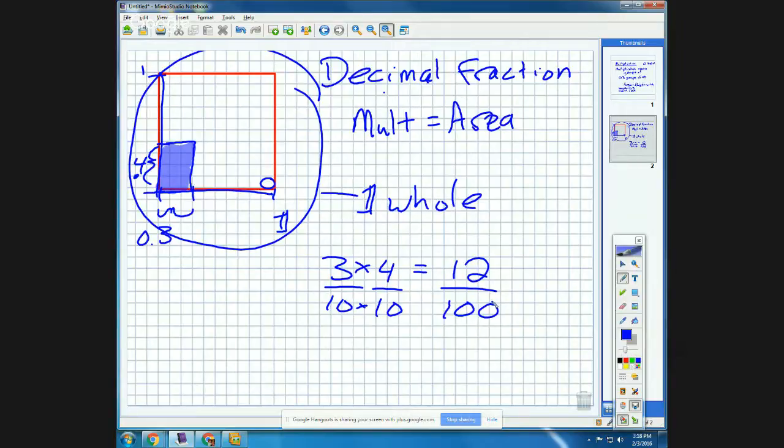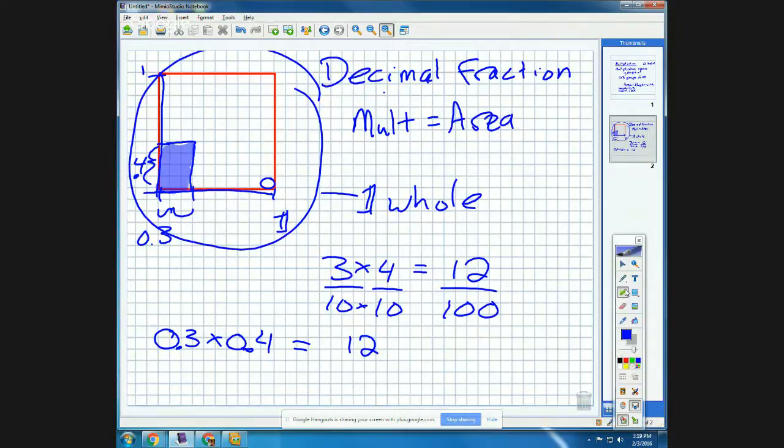And so we discussed an algorithm last time. When you multiply two decimal fractions, you can ignore the decimal point for a moment and say 3 times 4 is 12, but then you have to figure out where the decimal goes. And the rule is what?